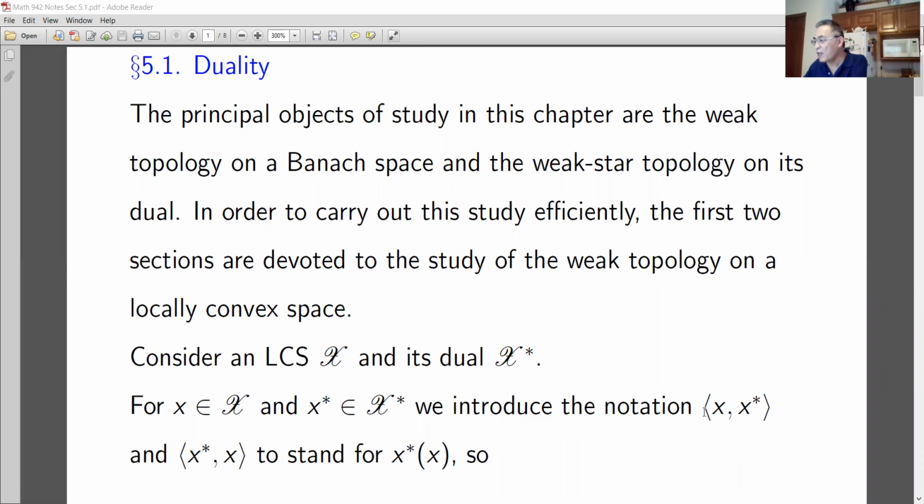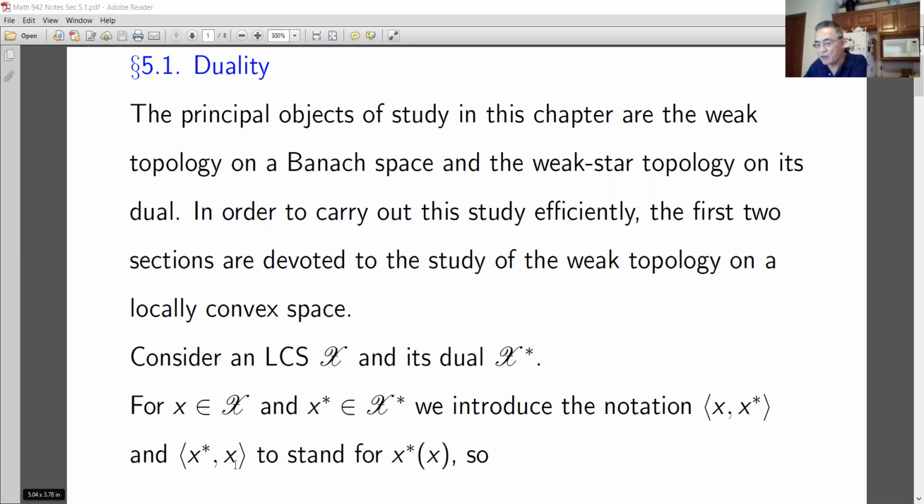And this inner product like notation stands for x star of x. You know, x star is a linear functional, so actually x star is a function on X. So x star of x is the value of the function x star at the point x. And this is the meaning of this notation.